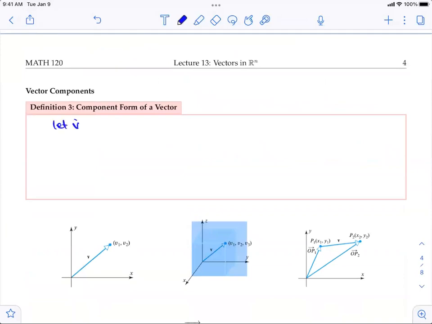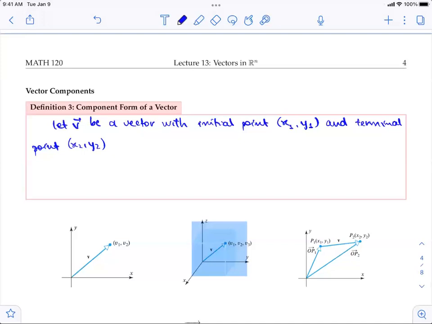Let v be a vector with initial point x1, y1, and a terminal point x2, y2.